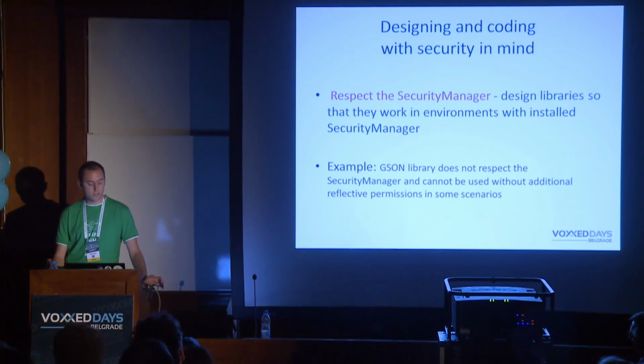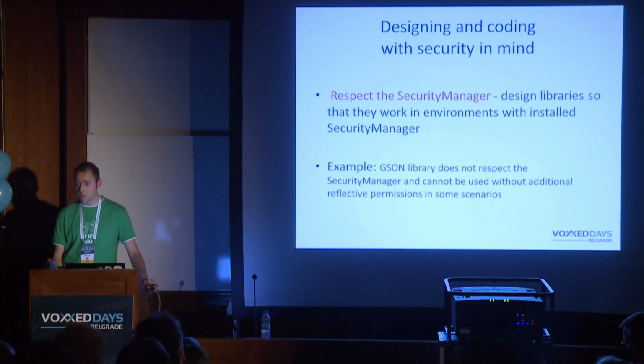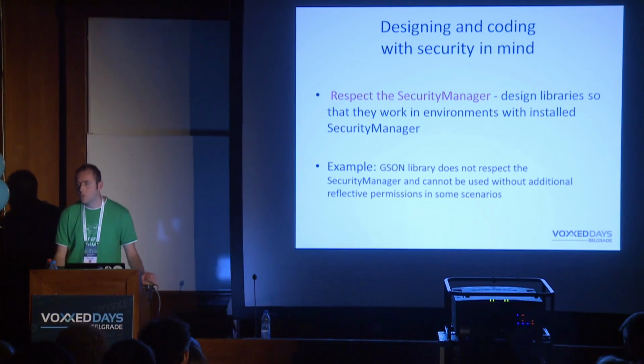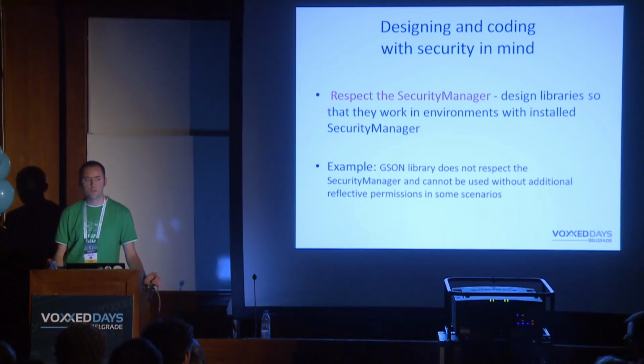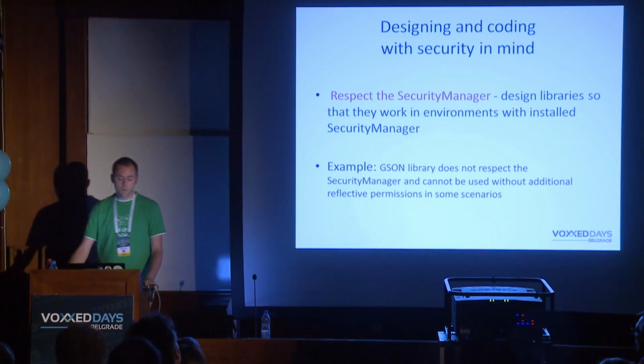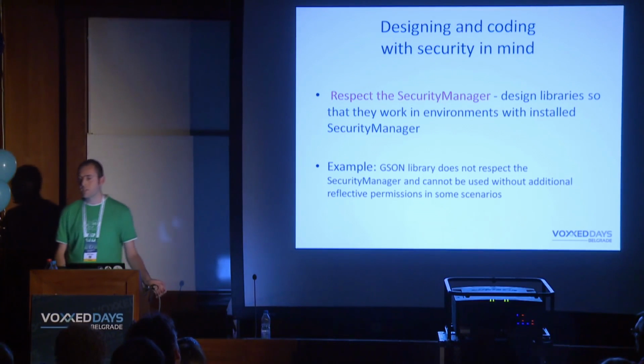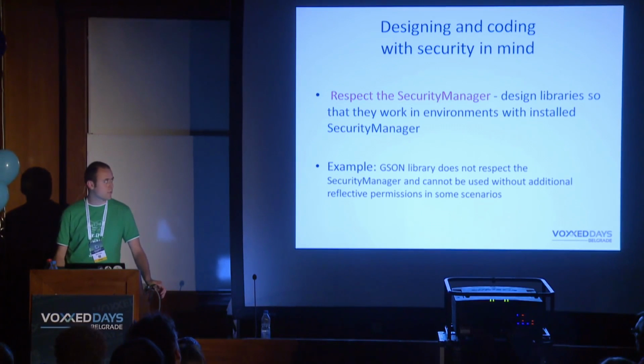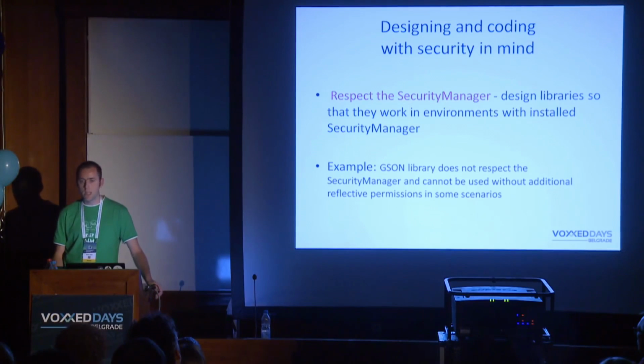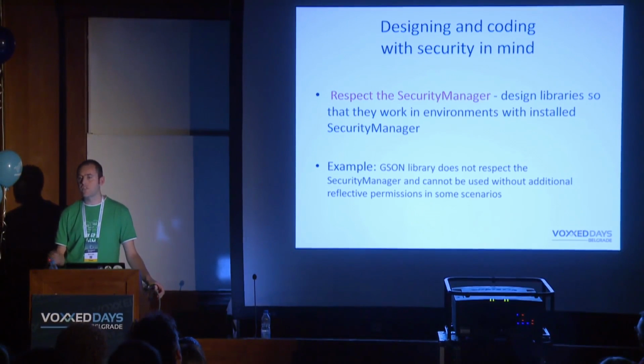At that point, we started thinking about what could be the cause of that problem. And the reason was that the JSON source code was not aware of the fact that there could be a security manager installed in that system. So what we had to do was supply a patch to the folks from the JSON team that they needed to apply so that you can use JSON in a managed environment such as Java EE or OSGi.